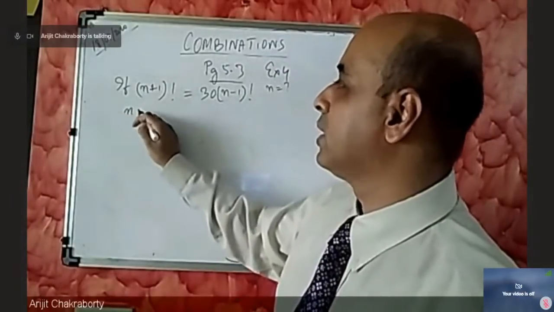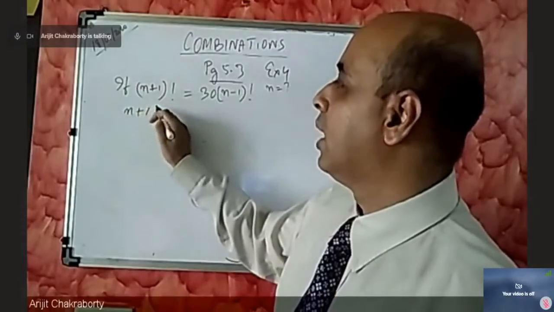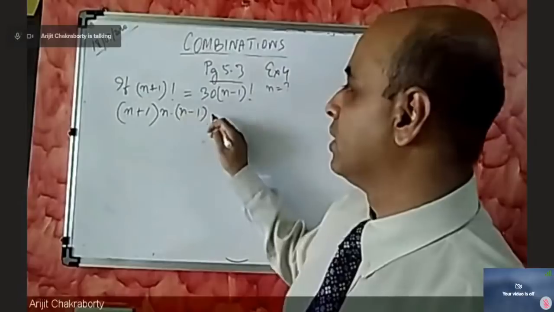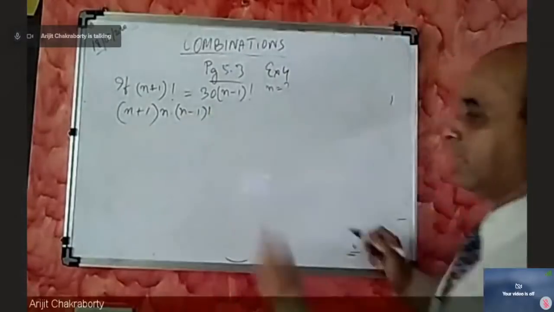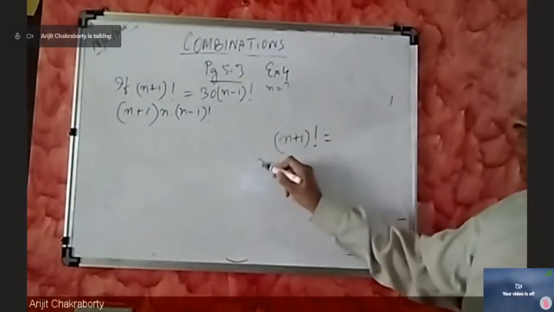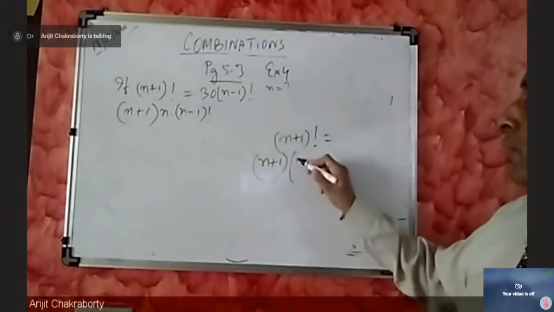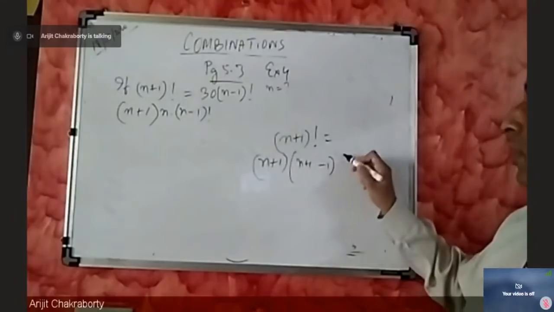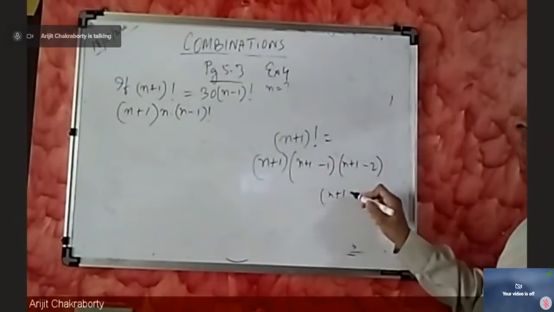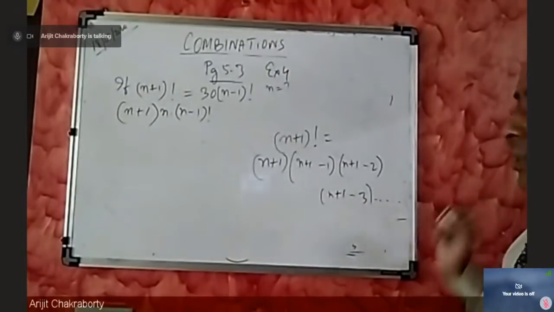n plus 1 into n minus 1 factorial. See if you understand this step. N plus 1 factorial means what? N plus 1 into n plus 1 minus 1 into n plus 1 minus 2 into n plus 1 minus 3 and so on. Right?